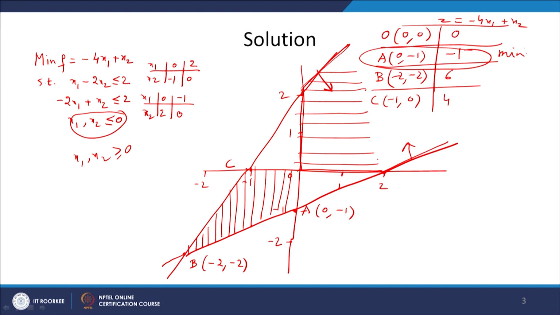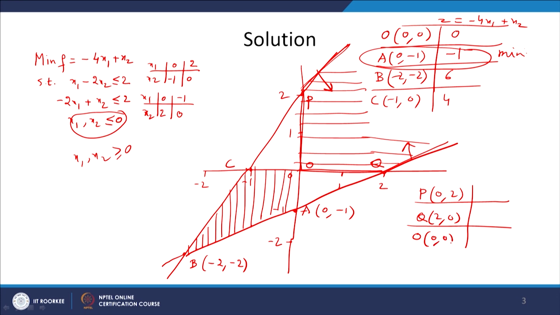And in the second part of this feasible region of this question, the points that have to be considered are as follows: P, origin and Q. P is given by 0 comma 2 and Q is given by 2 comma 0, and of course, the origin is as it is.